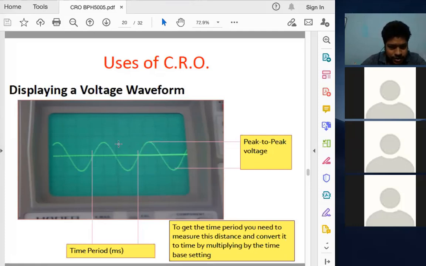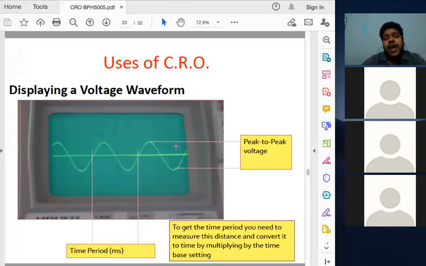This is the line where you see a lot of small divisions. So there are big divisions, like these blocks, and then each block is further divided into five. So this is a scale. From this scale, we can tell what the peak to peak distance is.